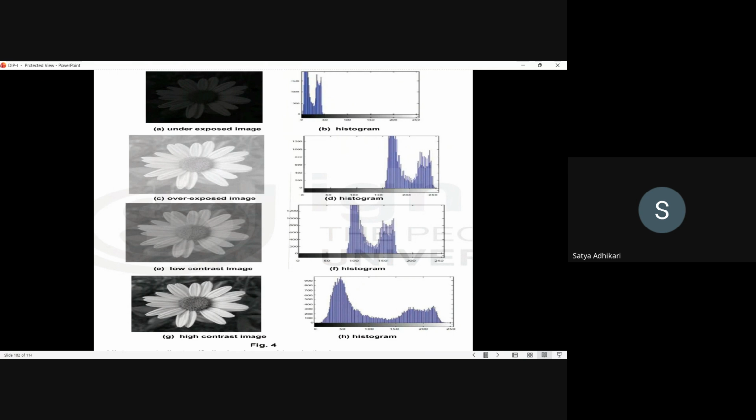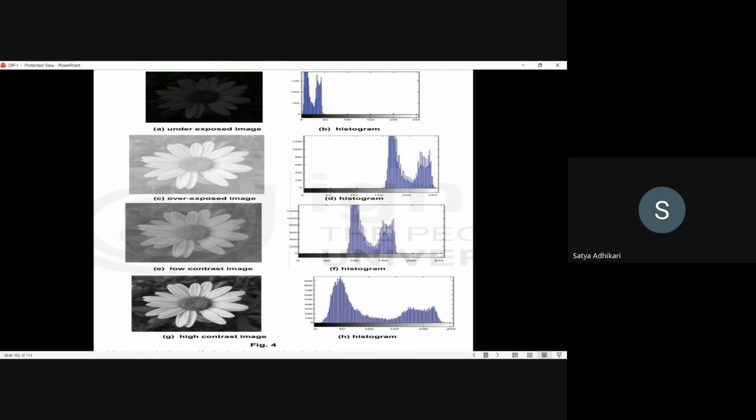The first one is only less than 50. The second one is all above 150. The third one is in between 100 and 170, something like that. But the last one is between 0 and almost 250, so it covers a wide range of pixel values.